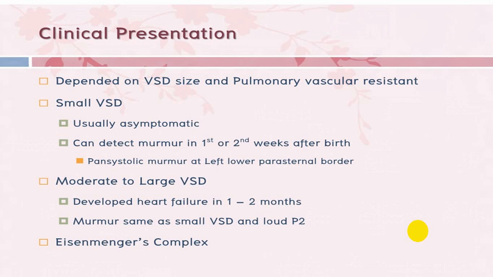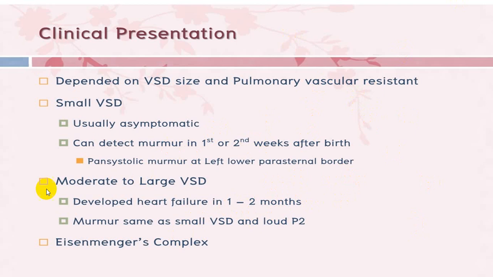Depending upon the VSD size, usually we say that in a small or Roger's defect, it is asymptomatic. The murmur is very short, not a pansystolic murmur, but a short systolic murmur. A pansystolic murmur will be very commonly audible in the presence of a large VSD and also in a moderate VSD. The murmur will be present in the left parasternal region.